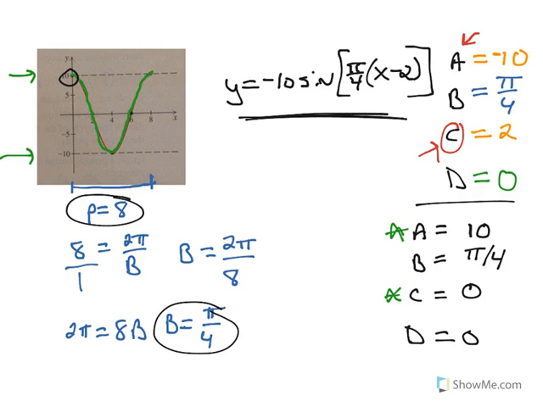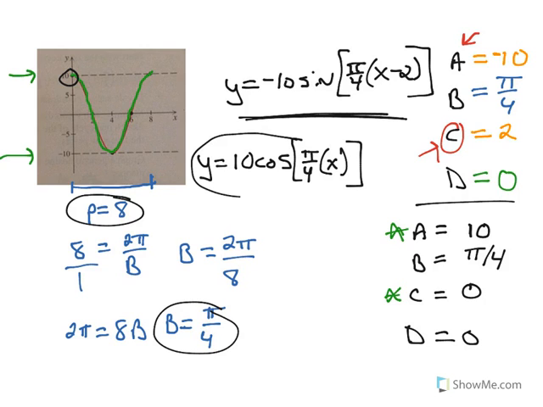So an alternative answer, you could say this is y equals right side up cosine, so 10 cosine, the b value to change the period, and then it's x minus the c value. So x minus 0 would just be x, and then your d value is plus 0. So that would be another equation.